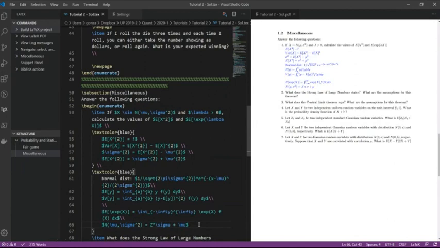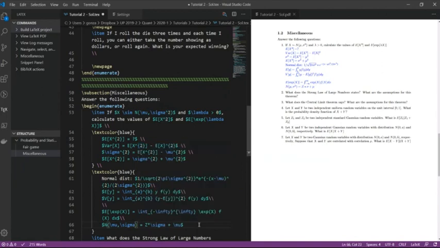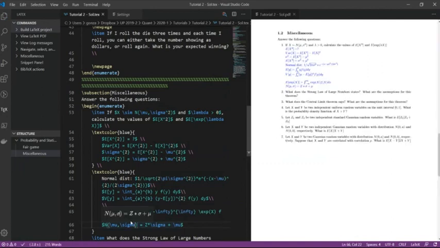Does anyone not understand why? I believe over here you have to write out the standard deviation and not the variance. No, it's the variance. Yeah, my bad. So yeah, does anyone not understand why?